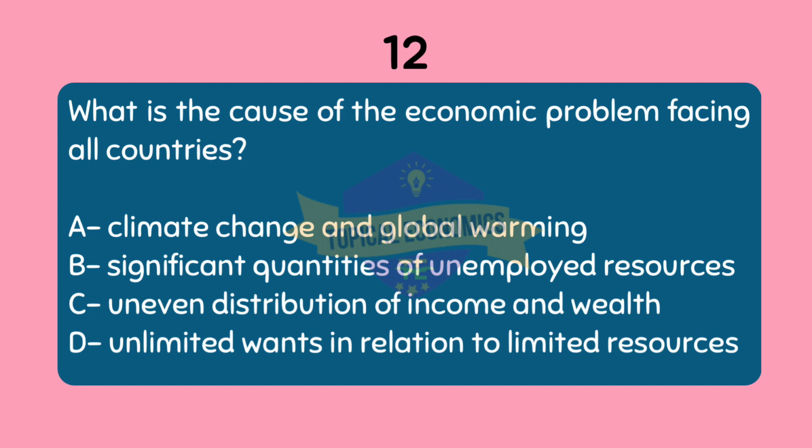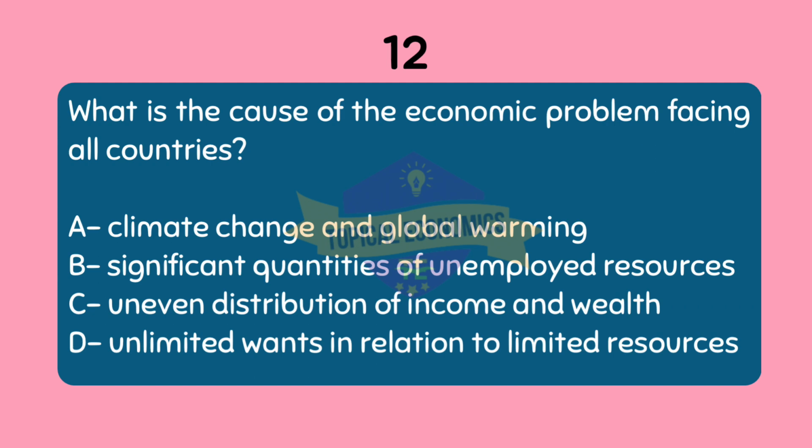The economic problem faced by all countries arises from the fact that wants and needs are unlimited, while the resources available to satisfy those wants are limited. This fundamental imbalance creates the necessity for choice and prioritization in resource allocation. Looking at the other options. Option A, climate change and global warming, are significant issues but do not directly explain the basic economic problem of scarcity.